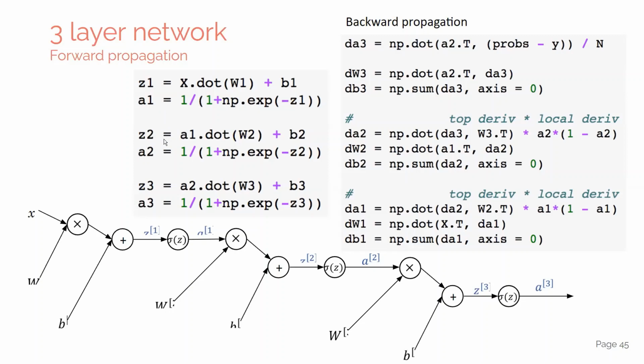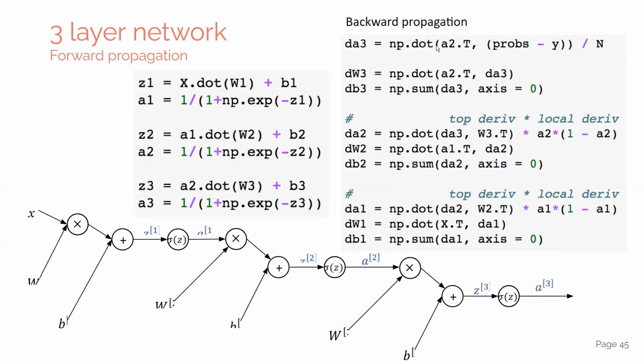Now the input for Z2 is the output of the previous layer, A1. So that's why you see A1 dot, a matrix multiplication here, and then W2. So just keep on doing that. You can have like 4, 5, 6 layers. You do the same thing.